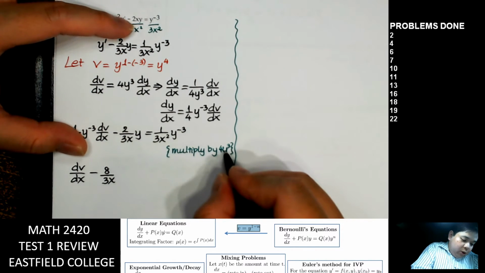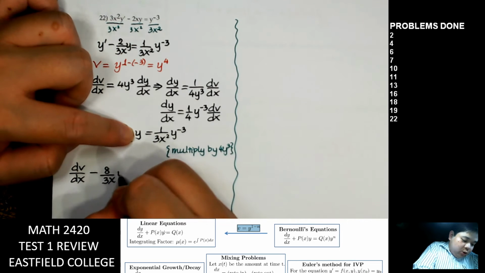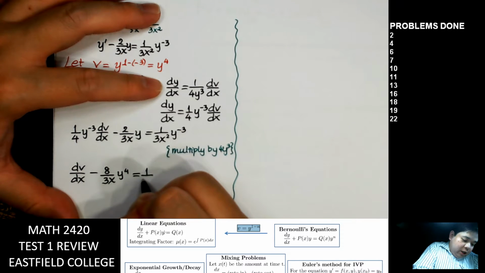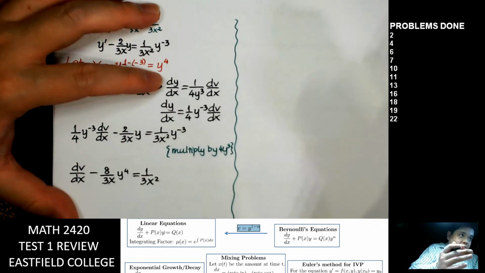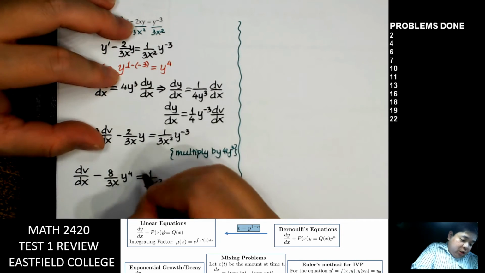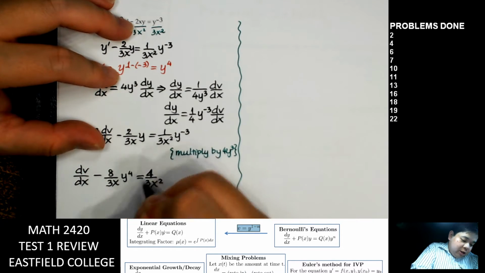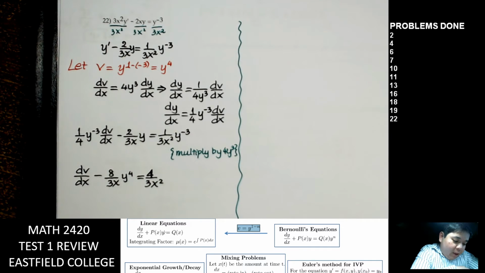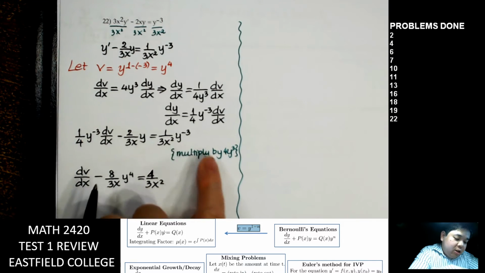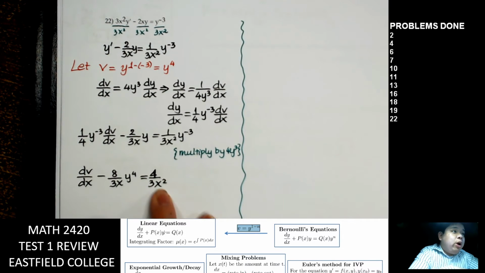Y cubed times y will be y to the 4th, and we have 1 over 3x squared only. The y to the negative 3 cancels out with the y cubed. We still have the 4. So multiply 4y cubed on both sides. Y cubed cancels out, and the 4 is on top. So that's what we have.